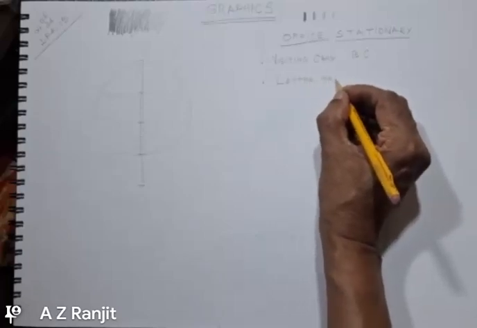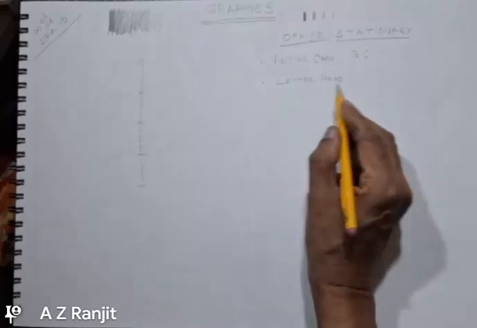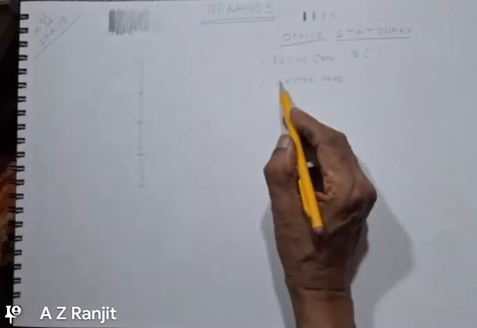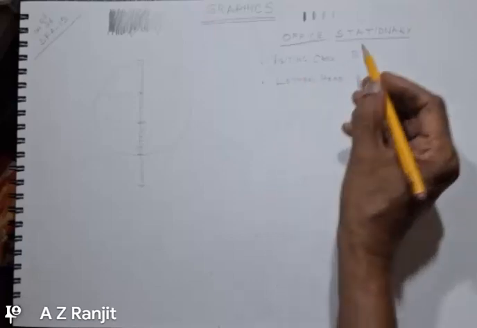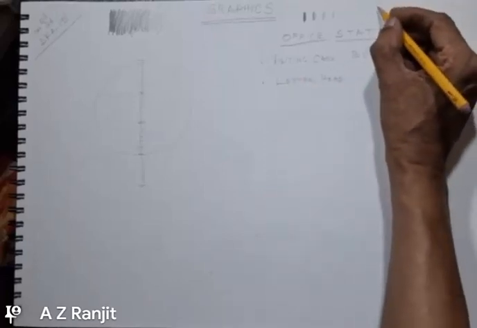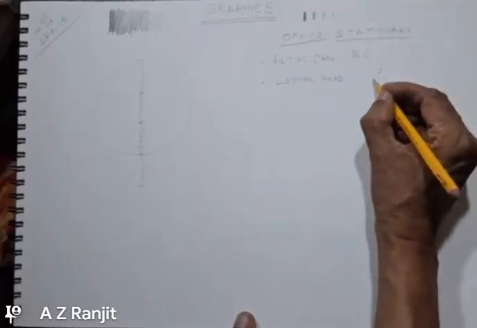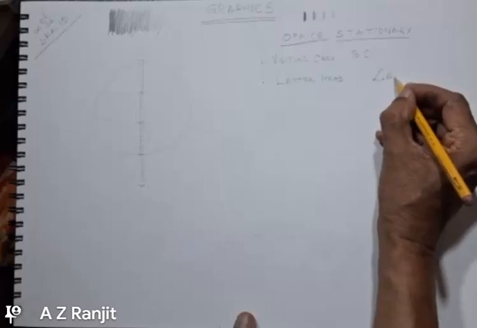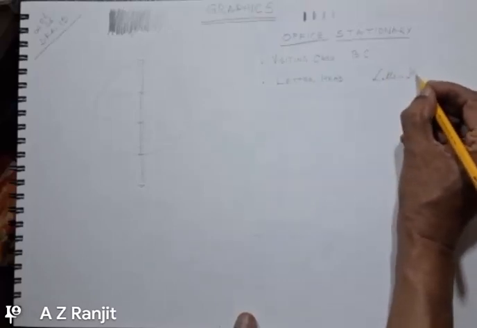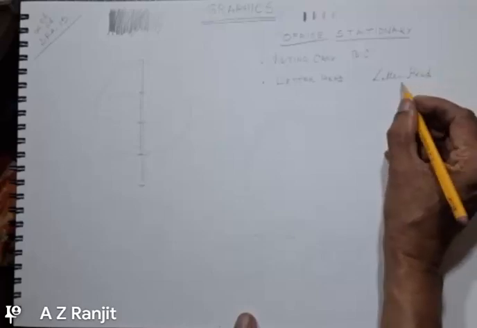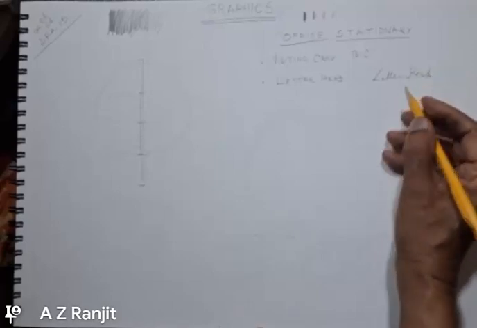See, generally, when we write like this, one big letter, others are small letters. Generally, when we do that, it has to be cursive. Here too it will be lowercase, generally.